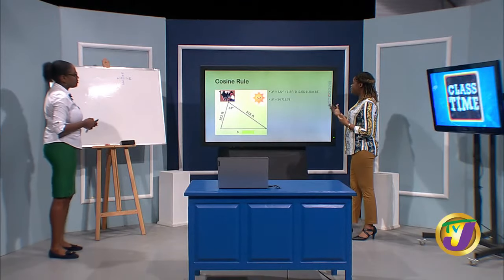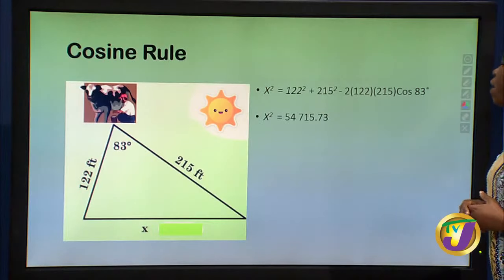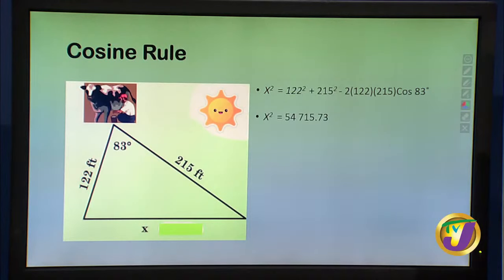So simplifying what we have in the first line, that would give us that x squared would be equal to 54,715.73. Okay, and of course, we're doing the reverse operation to find the value of x. Yes. So x here would be? The square root of that, which would give 234 feet.